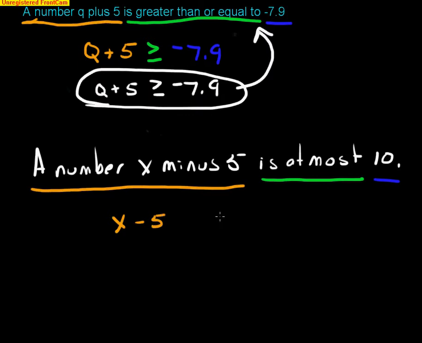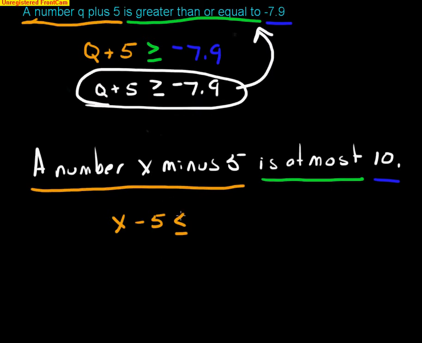Okay, so if it's at most, it could be up to 10, but it can't be any greater than 10. So x minus 5 must be less than, and it can be 10, so we can put the equal to in there. And I was supposed to actually make that green.